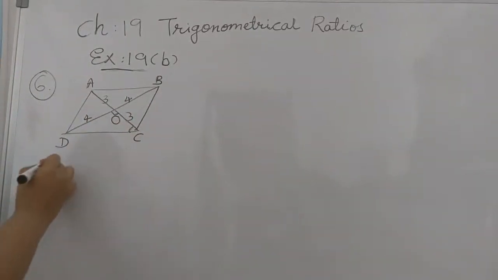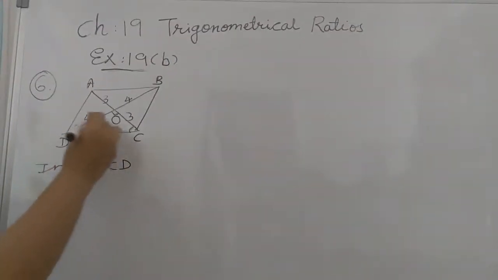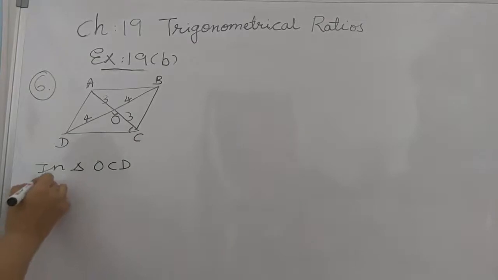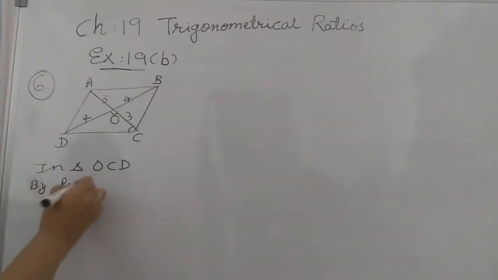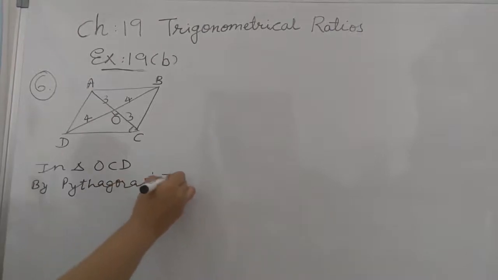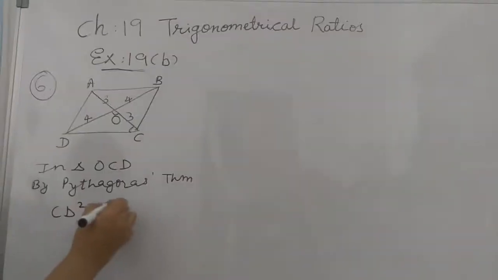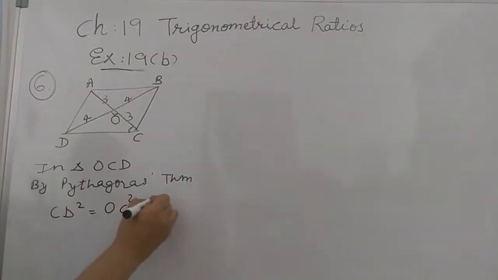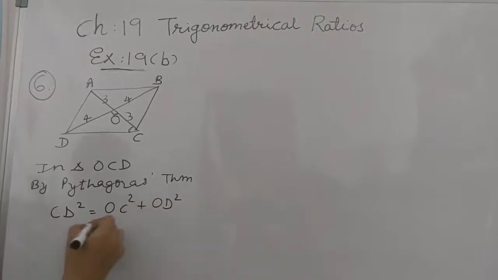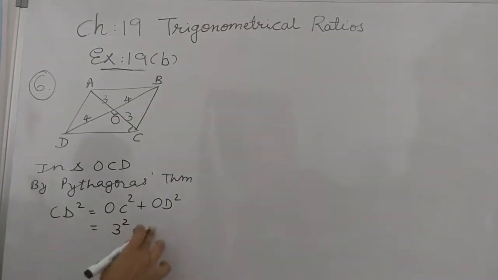So in triangle OCD, we write by Pythagoras theorem. I would like to find the CD value. So here I write CD square is equal to OC square plus OD square. Now OC value is 3 and OD value is 4.